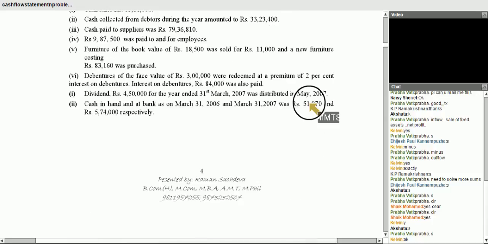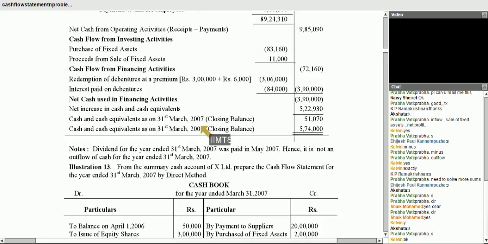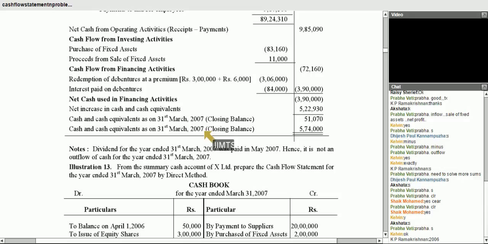This one is 51,070. Actually, this is for 2006 and this is for 2007. Yes, this is for 2006 and for 2007.